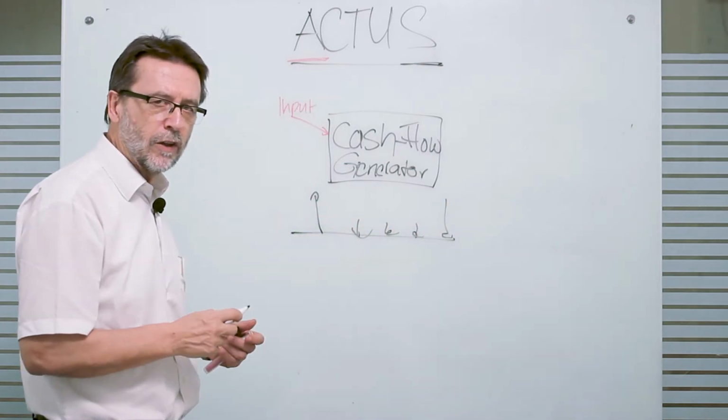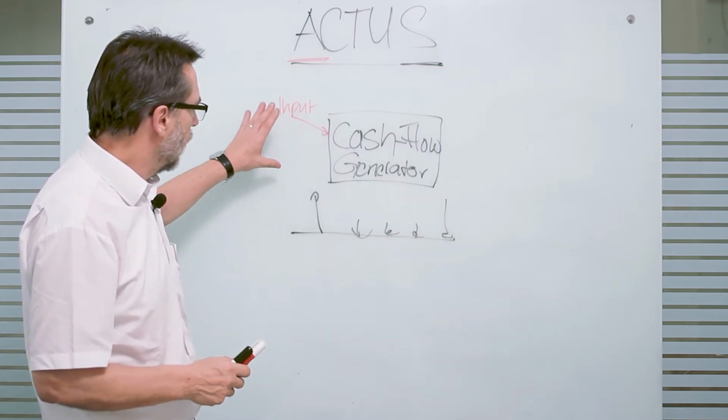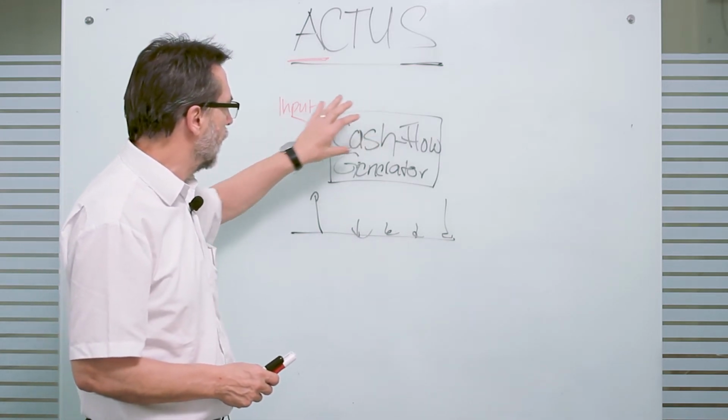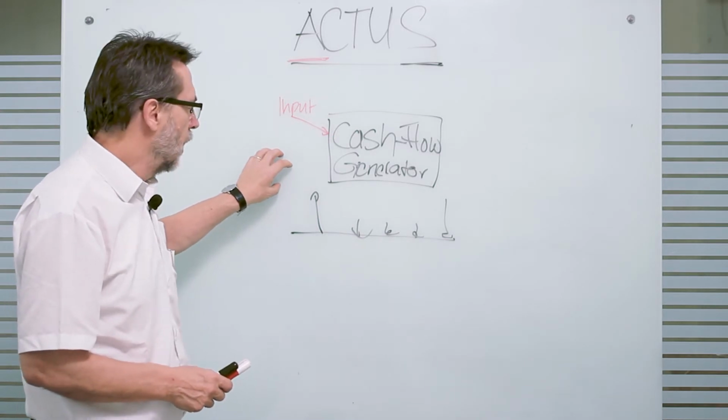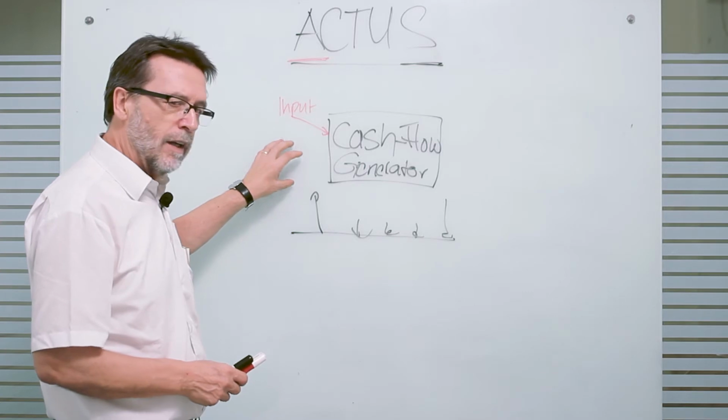We will talk about this later, but generally, Actus defines the data and the algorithms, which unanimously define a financial contract.